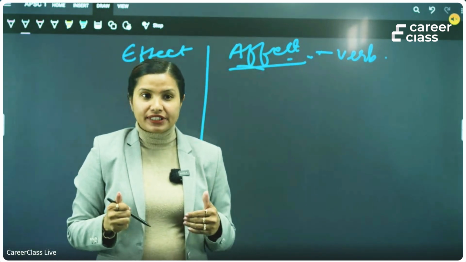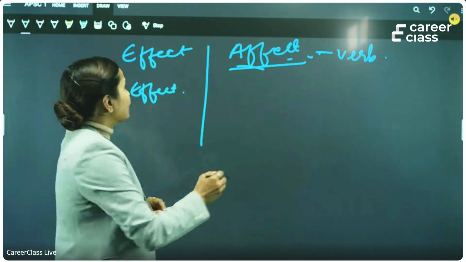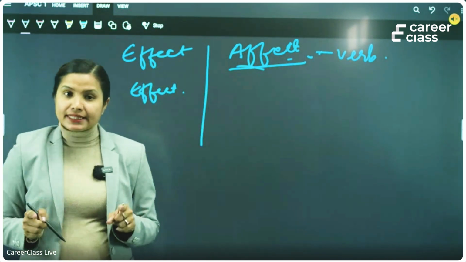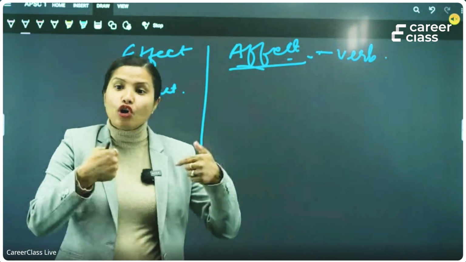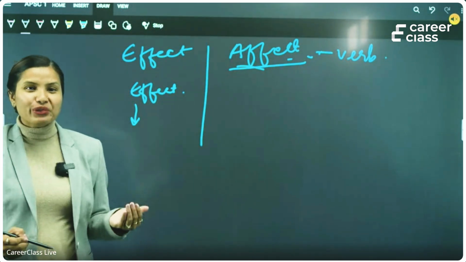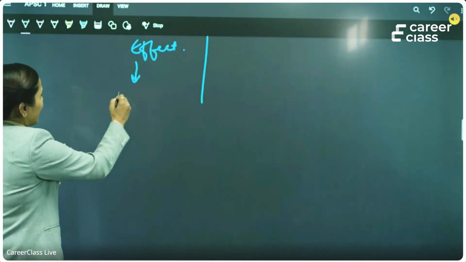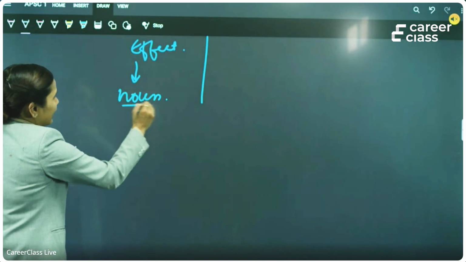I have been affected by the medicine. So, this is a verb, and the medicine had an effect on me. What form will it take? Noun. The medicine has an effect on me.